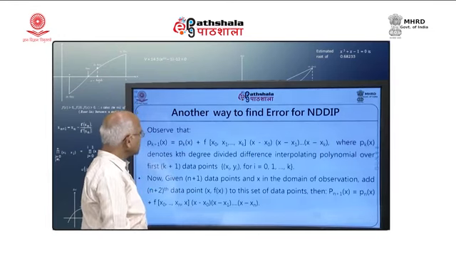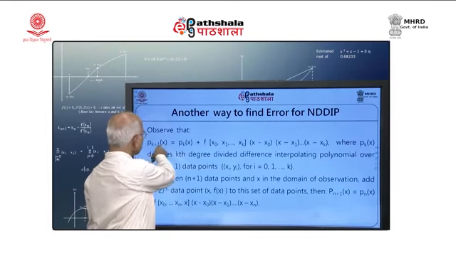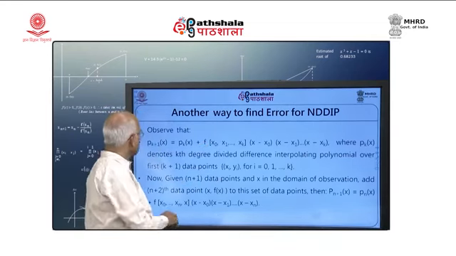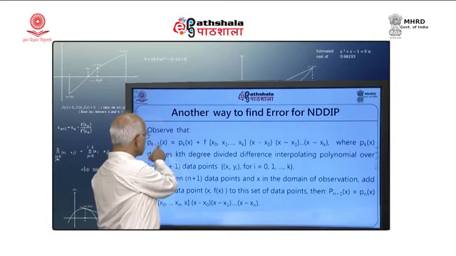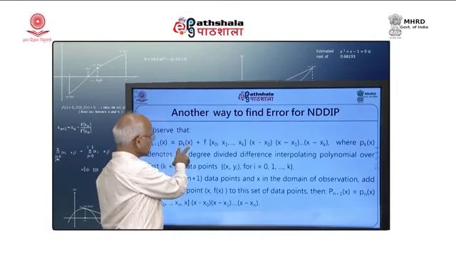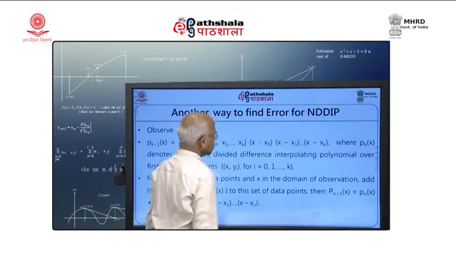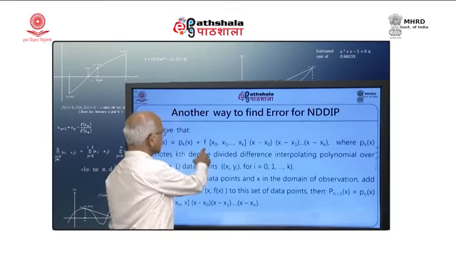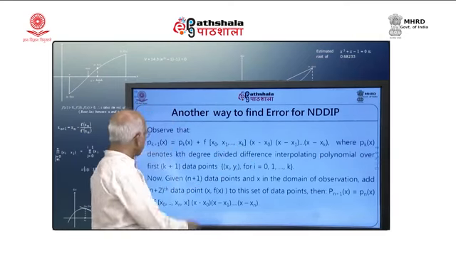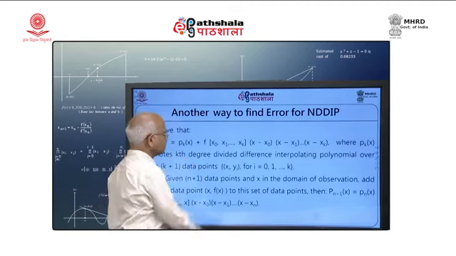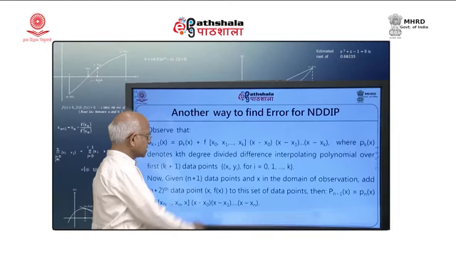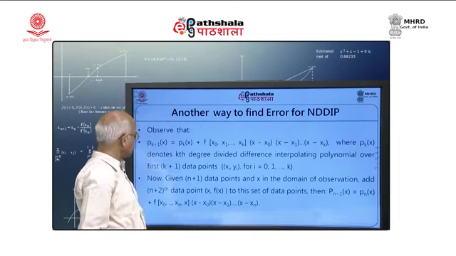So, p k plus 1 x can be expressed in this form. Observe that the k plus 1th degree polynomial p k plus 1 x is expressed in terms of p k x and the last term that we add additionally, that is f of x 0 up to x k into these k factors, where p k is the kth degree divided difference interpolating polynomial over the first k plus 1 data points x i, y i, i equal to 0, 1, 2 up to k.